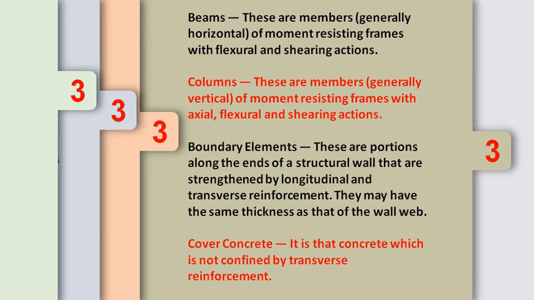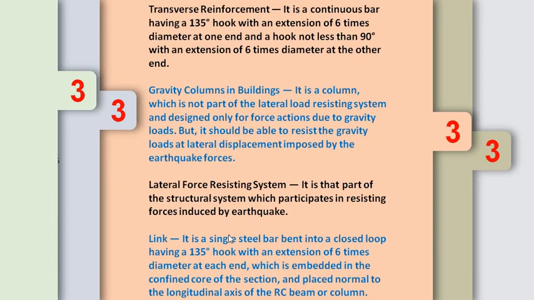Then cover concrete. It is that concrete which is not confined by the reinforcement. When we are talking about the cross tie, it is a continuous bar having a 135-degree hook with an extension of 6 times diameter, but that is not less than 65 mm at one end, and a hook not less than 90 degrees with an extension of 6 times diameter.